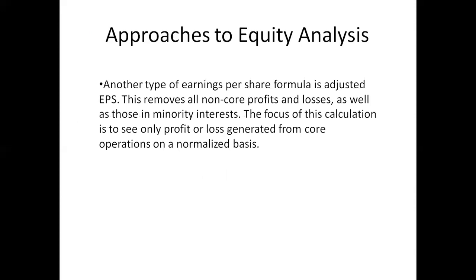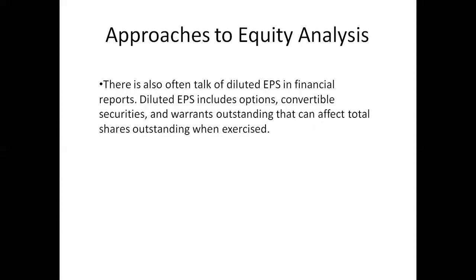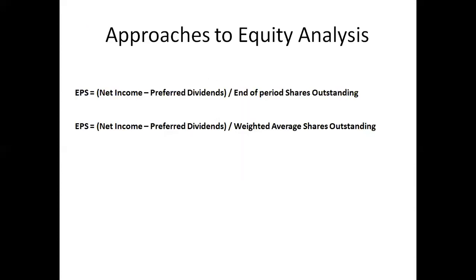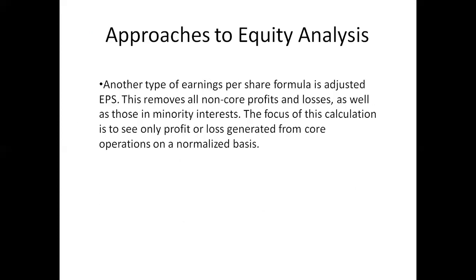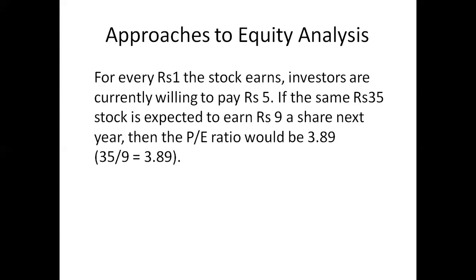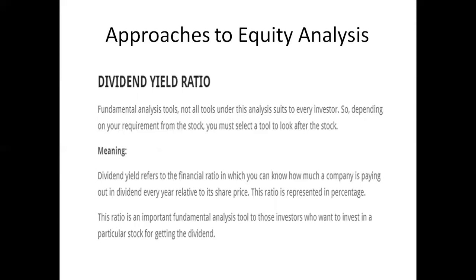The main things are the earnings per share ratio, EPS, then the diluted EPS, then the adjusted EPS, then the price to book ratio or PB ratio, then the dividend yield ratio, and then we have completed the fundamental analysis portion.